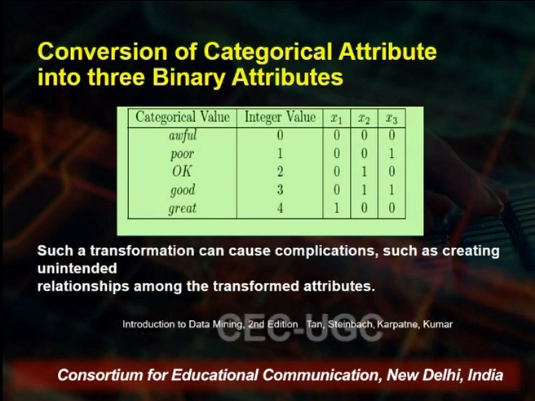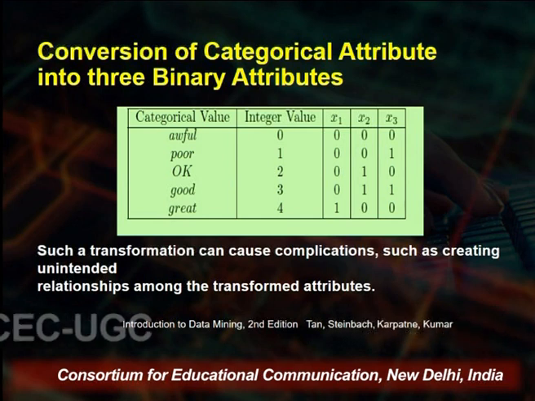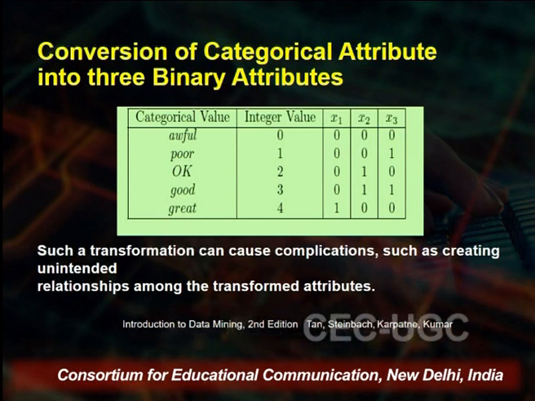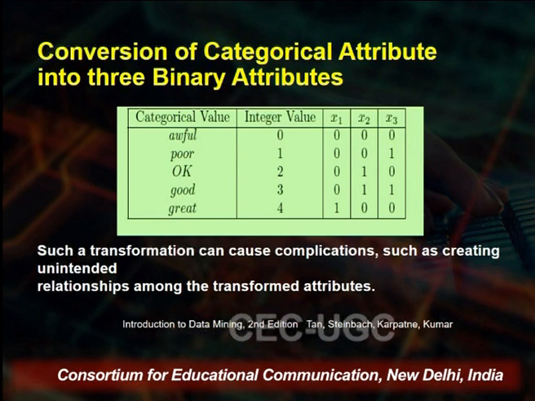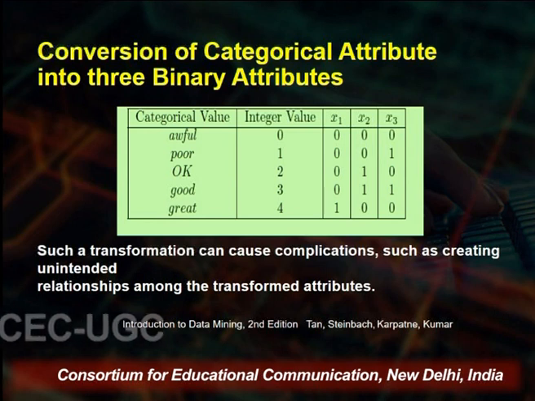We have 5 categorical values, so we will assign each of them an integer value from 0 to 4, that is 0 to m minus 1, and for each integer value we convert it into an equivalent binary attribute.